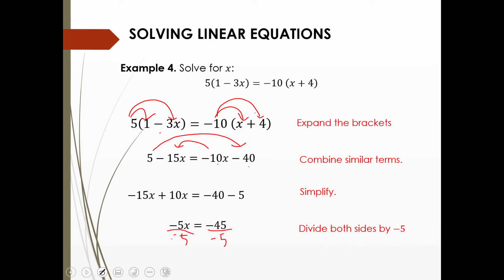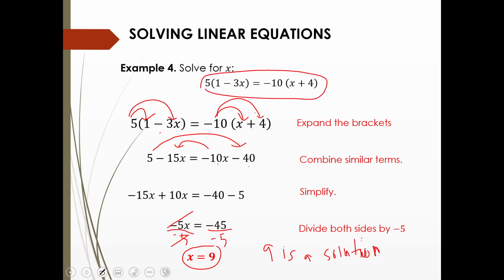We want x only. So minus 5 will be gone. So x is minus 45 divided by minus 5, which will give you 9. So 9 is a solution for this linear equation.